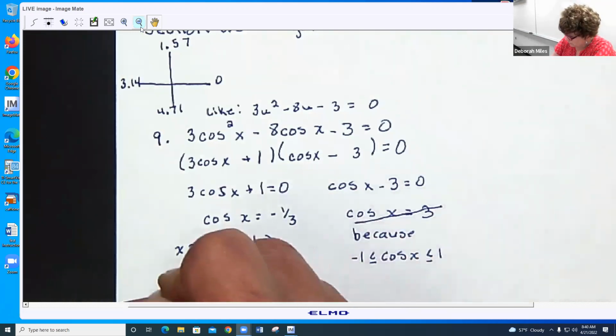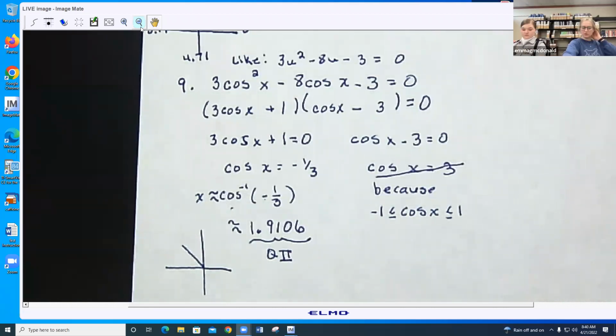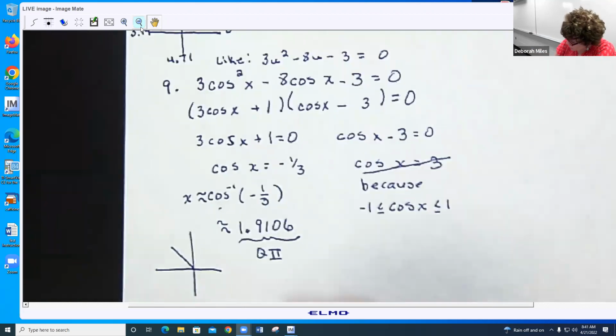Somewhere there. Well, in what quadrant is another solution? Wouldn't it be in the fourth quadrant? Is that the other quadrant where cosine's negative? No, that's the third. Third quadrant. So there's going to be some third quadrant angle also.